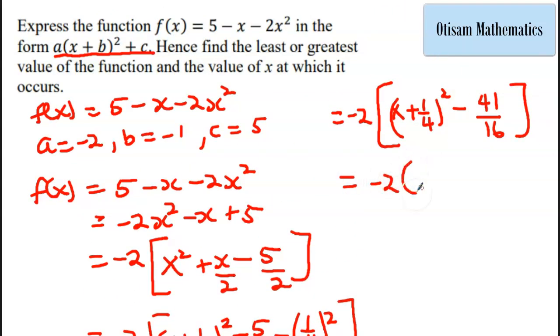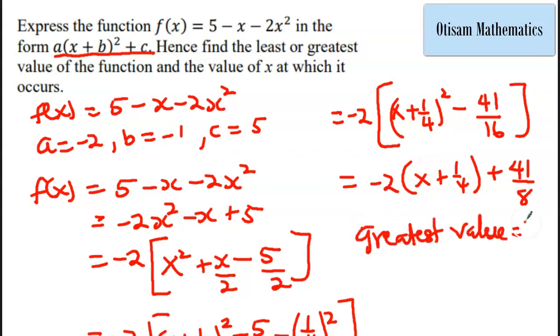So minus 2 times this, we are going to have positive. So positive 2 will go here, 8. So 41 on 8. So therefore greatest value will be 41 on 8. And then the value of x at which it occurs. So x plus 1 on 4 is equal to 0. So x will be minus 1 on 4.